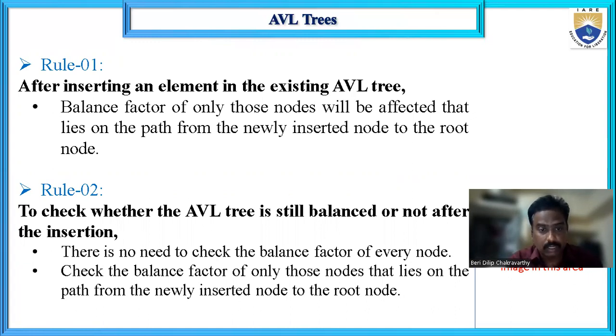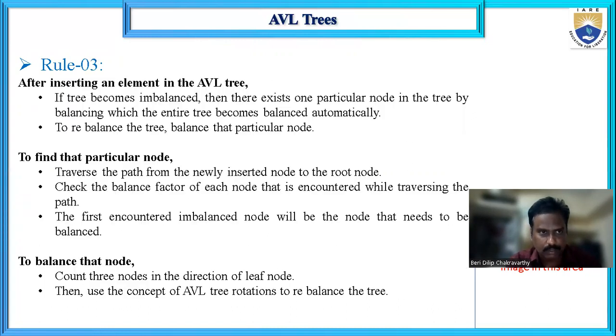Rule 2, check whether the AVL tree is still balanced or not after the insertion. There is no need to check the balance factor of every node. Check the balance factor of only those nodes that lie on the path from newly inserted node to the root node. Wherever I have inserted, there only you are going to find the balance factor. And rule 3 states like that.